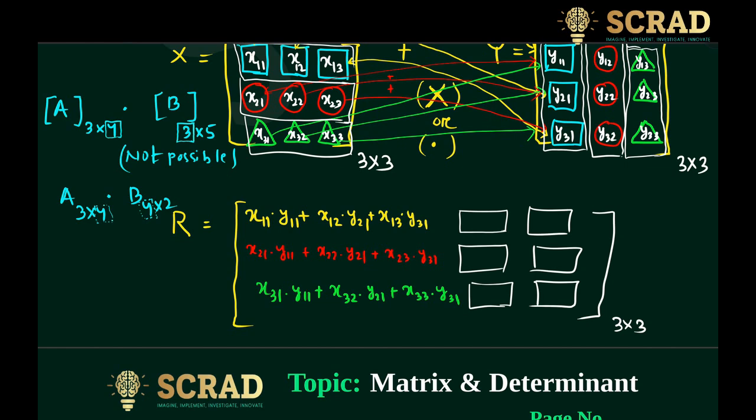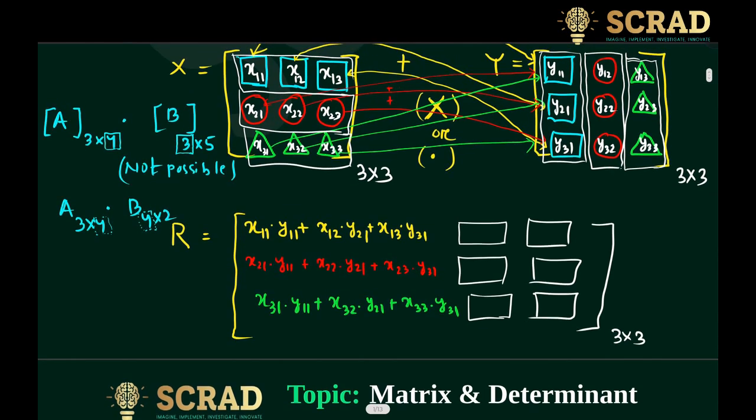So what is the resultant matrix dimension? The multiplication AB will be of dimension 3 cross 2.